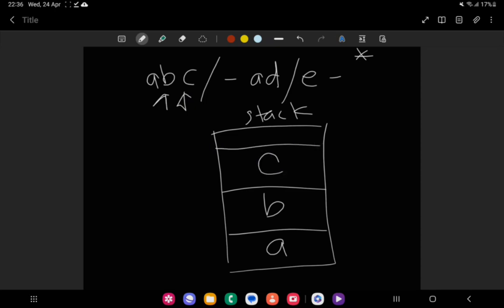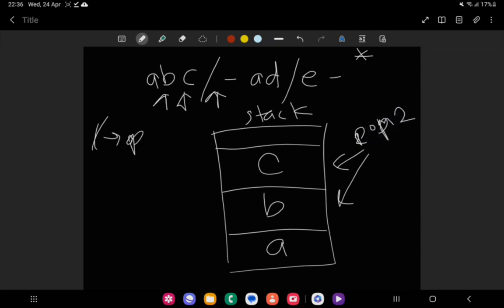Then after that we have an operator. When we come to an operator, we need to pop two expressions from the stack, which are C and B, right?